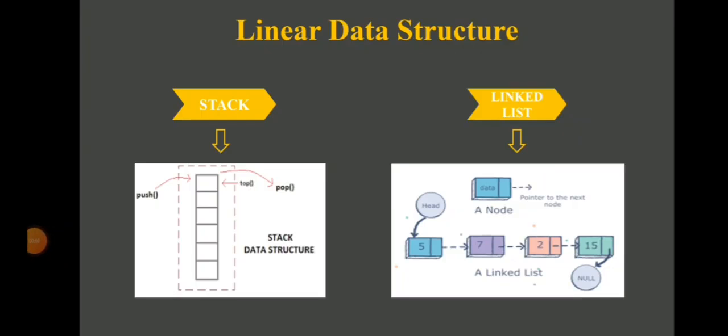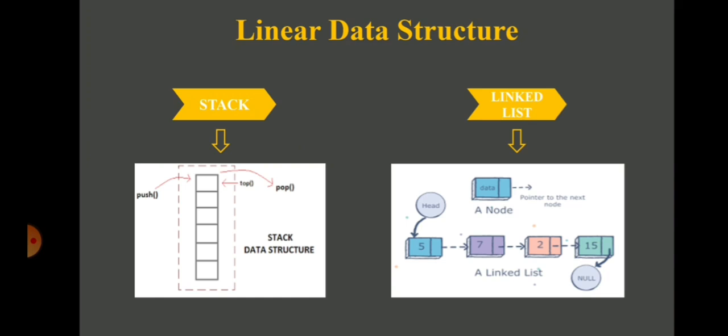The next type of linear data structure we are going to see is linked list. Okay, what is linked list? A linked list is an ordered collection of finite homogeneous data elements called nodes, where the linear order is maintained by means of links or pointers. Okay, here you can observe from the linked list diagram that an element in a linked list is specially termed as a node.